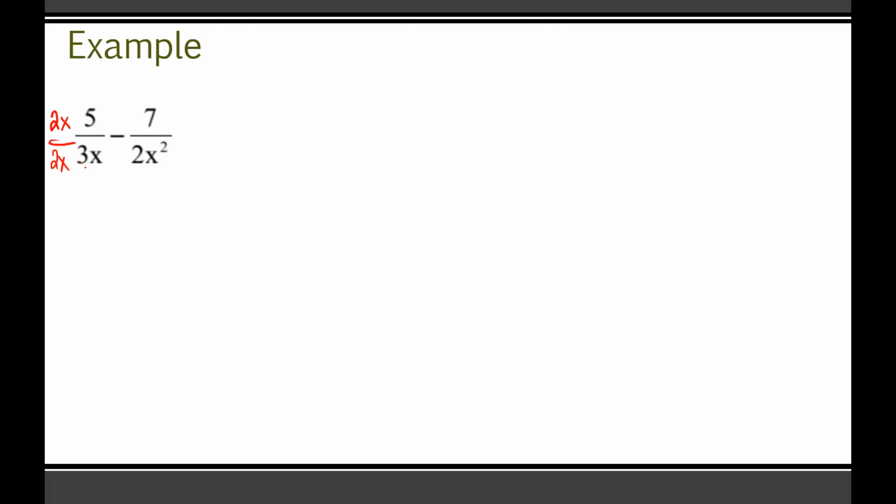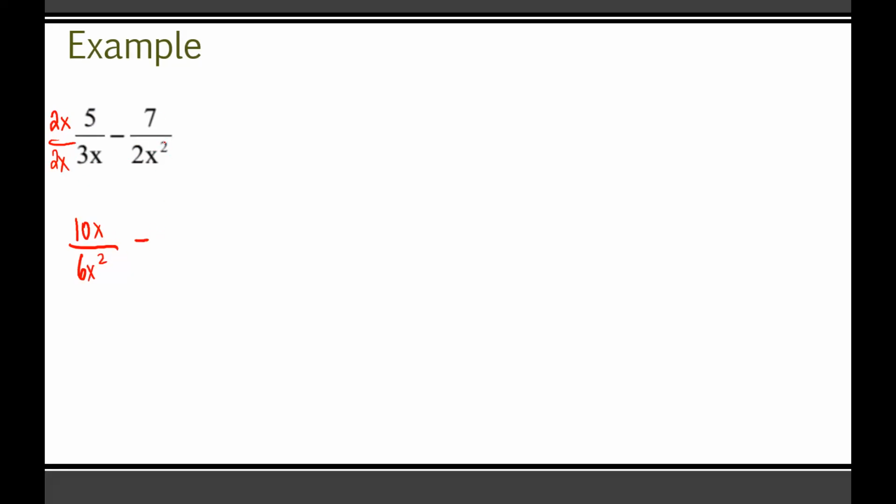The reason for that is it's going to make the bottom 6x squared. 2x times 5 is 10x over 2x times 3x, which is 6x squared.